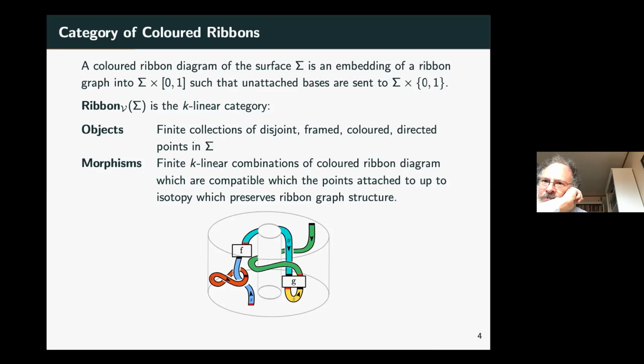And then these categories that you're looking at here are quotients of that by the Skein relation. Quotients of its linearization by the Skein relation. So the actual embedding space is rather far from what these are, although you can see it as part of the underlying structure.